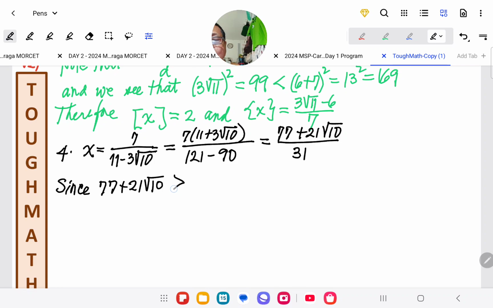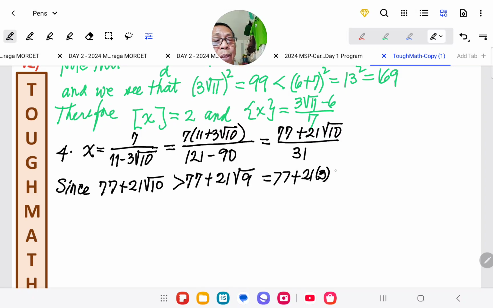This is greater than 77 plus 21 square root of 9, which is 77 plus 21 times 3, that's 63. So 77 plus 63, that's 140.